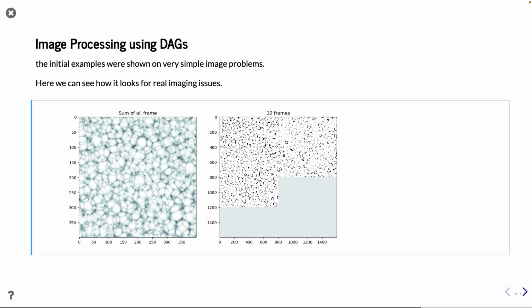So let's go up to working on some image data. This is some bubbles, a 3D data set, and this is just a view where we sum all the slices. Here we have 10 frames of the data set, so you can see what it looks like.